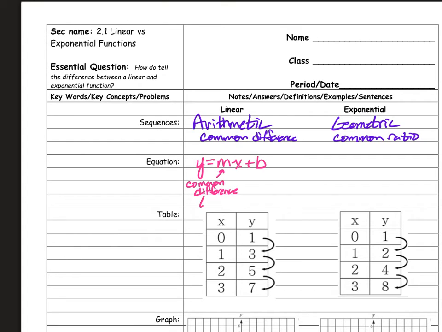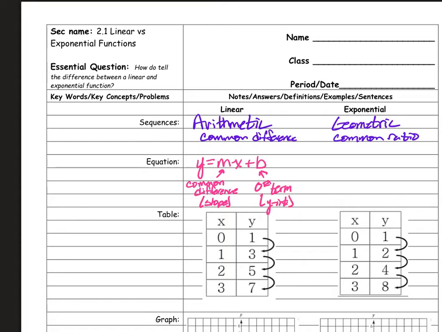And we also call that our slope. I know we haven't talked about slope yet, but some of you do know what slope is. I'm going to throw that word out at you now. We're going to start talking about that in a little bit. And b is my 0th term, or my y-intercept.